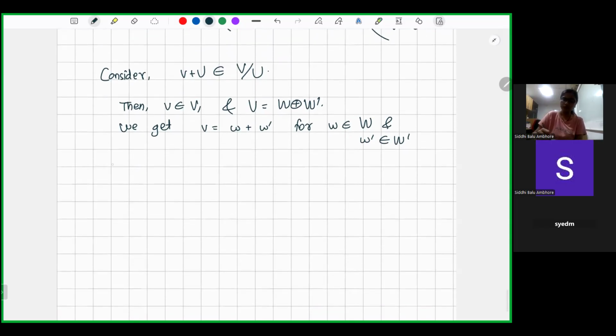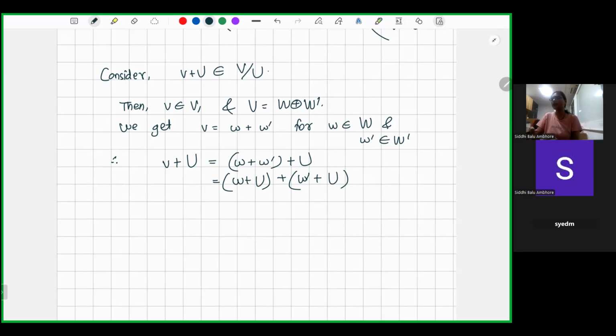So therefore V plus U will be W plus W dash plus U, and this is nothing but this, right? This is the definition of how addition is defined in cosets.